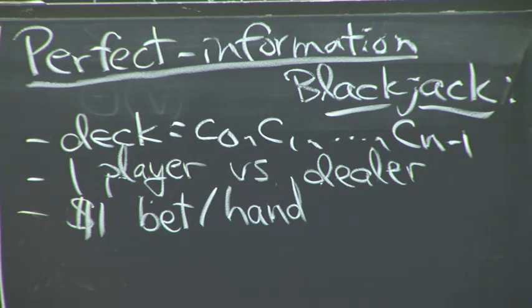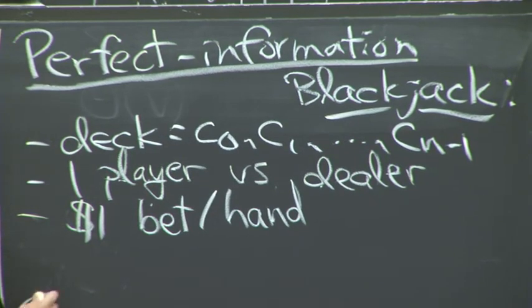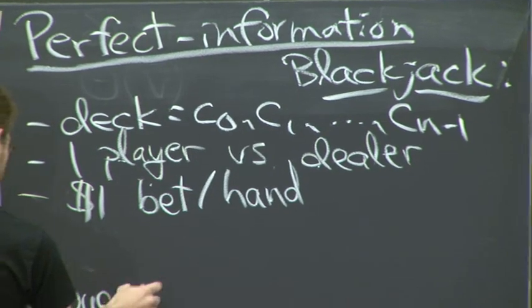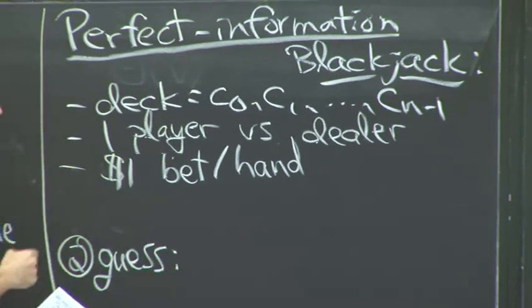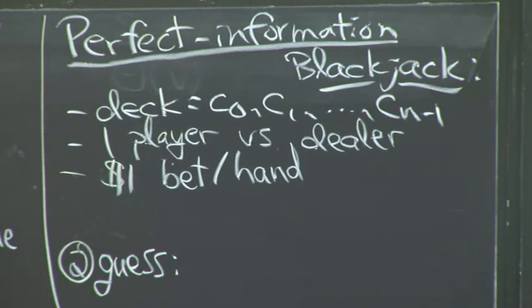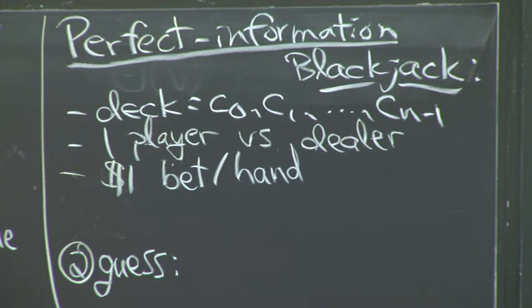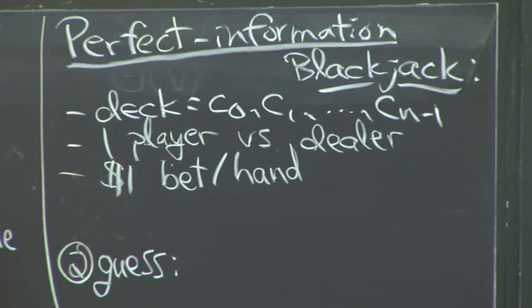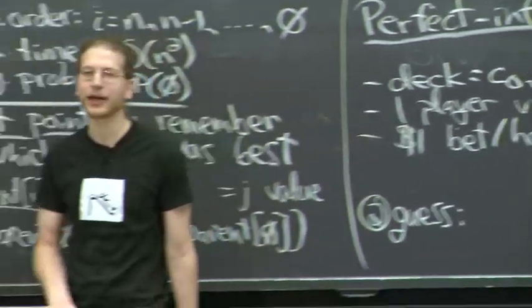So let's jump ahead to the guessing part, which is whether we want to hit or stand given a card. Actually, it would be easier to think about an entire play, an entire hand. We're going to guess how many times I should hit.